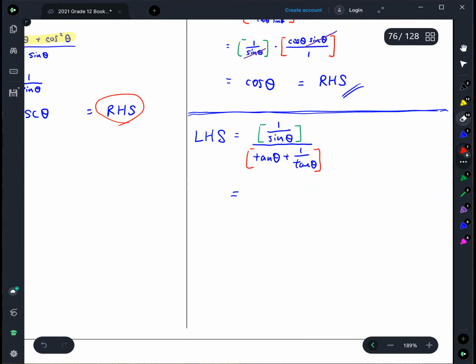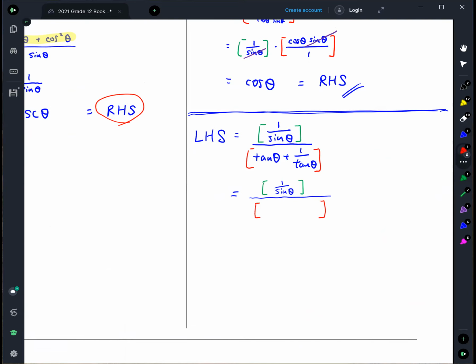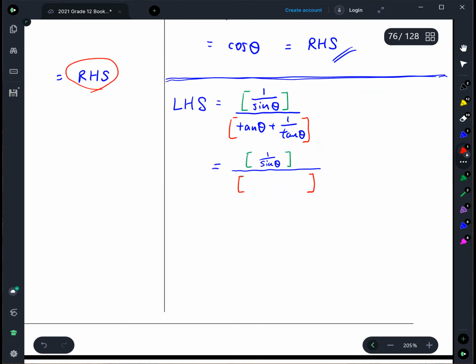The numerator stays the same for now, the green part. So please add up the bottom part. Raise your hand once you got the bottom part. Add the two terms. Tangent, you can think of it as tangent theta over 1. So add them up.